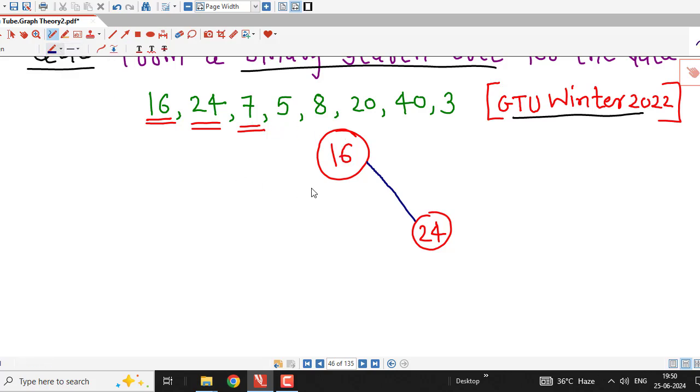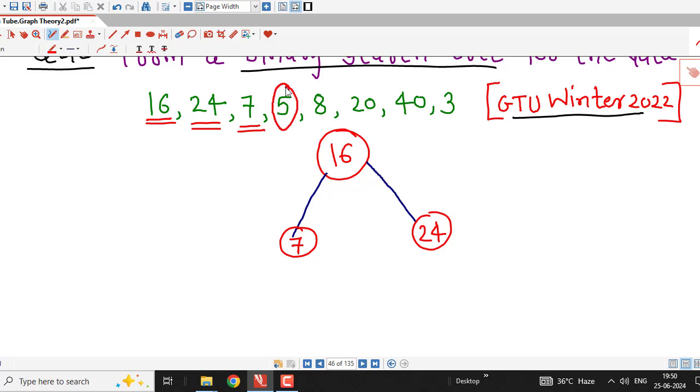So if it is less than 16, we will consider it to the left side of 16. So here I am writing 7. 7 is to the left of 16 because 7 is less than 16. 24 is to the right of 16 because 24 is greater than 16.